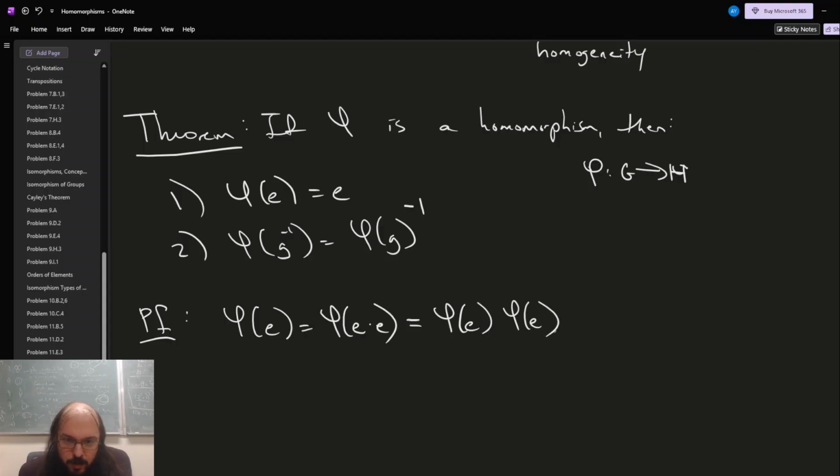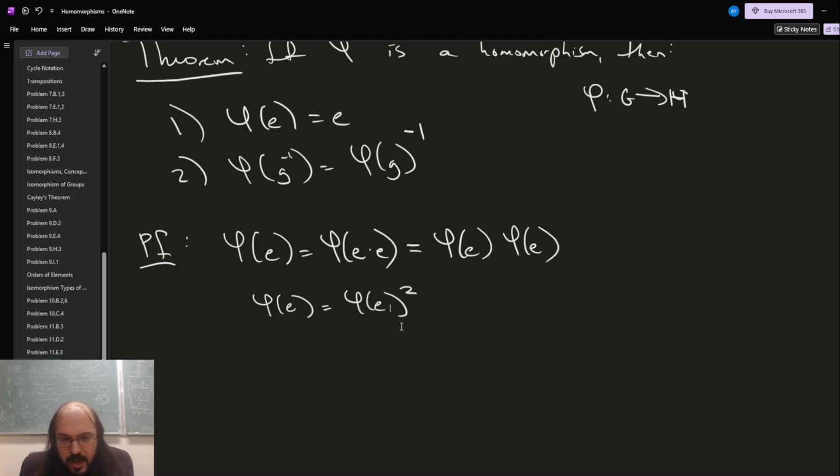Breaking the phi up, distributing phi, we get phi of E times phi of E. But now we are in H. Phi of E equals phi of E squared in H. And we know when we're doing a calculation in a group that if I had x equals x squared, I would just multiply both sides by x inverse and then get x equals E. The same is true here. E equals phi of E. All right, this proves the first part.